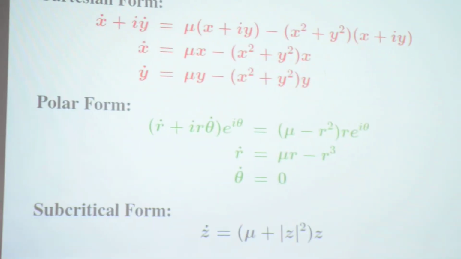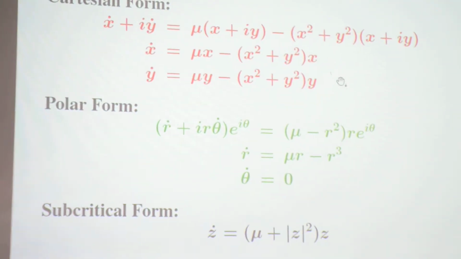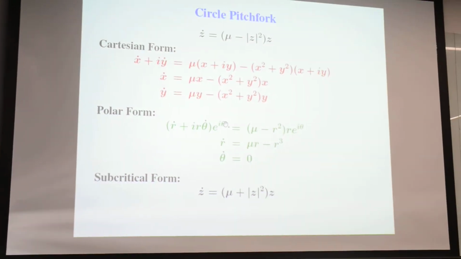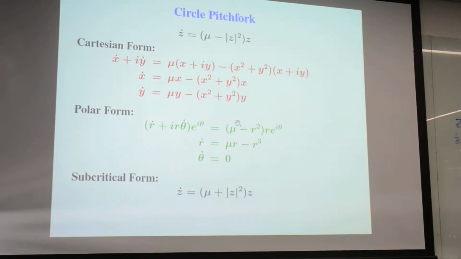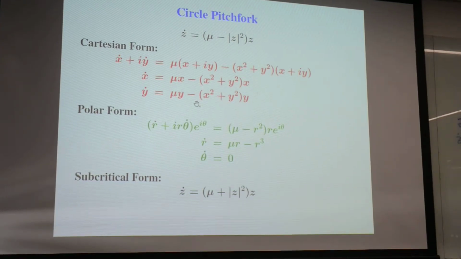And on the right-hand side here, we wrote mu minus the modulus r squared times r e to the i theta. If we were just to write the real and the imaginary parts starting here, we would get these same equations because it would be the same. But let us instead divide through by e to the i theta and now write the real and the imaginary parts. And when we do that, we get r dot equals mu r minus r cubed, and theta dot equals 0.